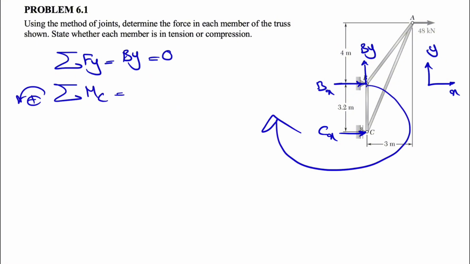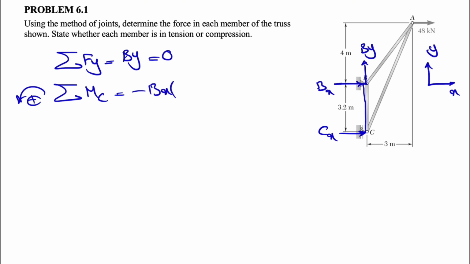We have the moment of Bx, which is clockwise. So negative Bx times the vertical distance to the line of action, so 3.2. And we also have the moment of A, which is again a clockwise moment. So minus A times the vertical distance to the line of action. This is the line of action, and we are interested from C to here, which would be 4 plus 3.2, and this will be equal to 0.